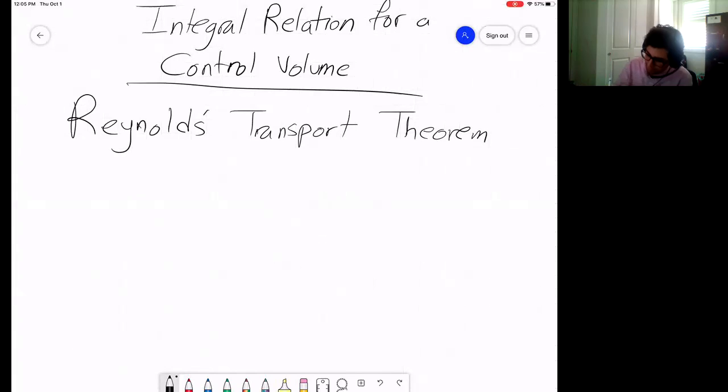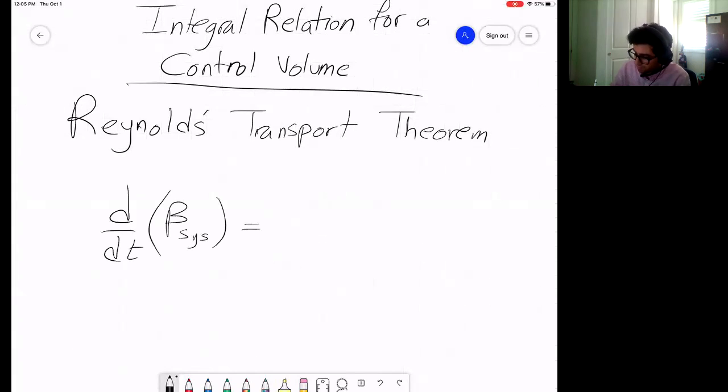D dt of B of the system equals D dt of the integral over the control volume of beta rho dV. And what is this dV? The transient term.